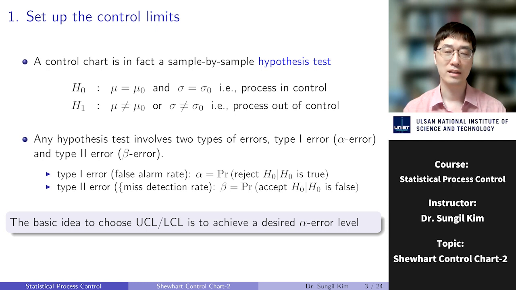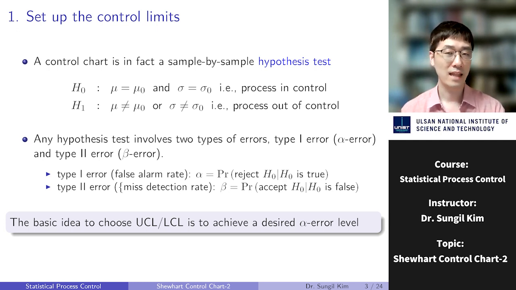To answer this question, we regard a control chart as a sample-by-sample hypothesis test between the null hypothesis saying that a process is in control and the alternative hypothesis saying that a process is out of control.